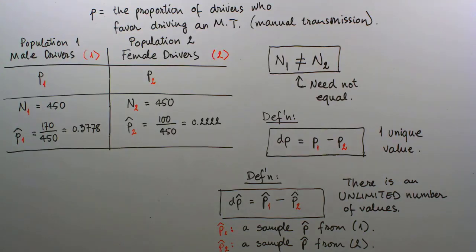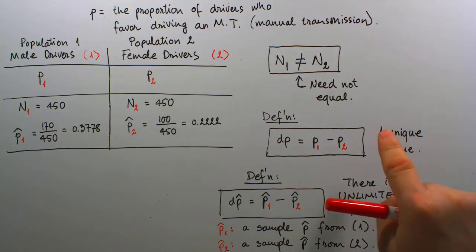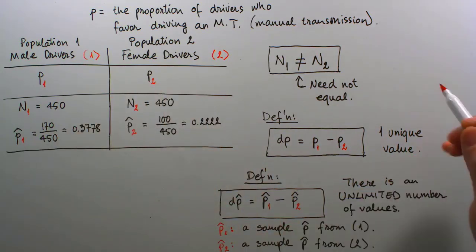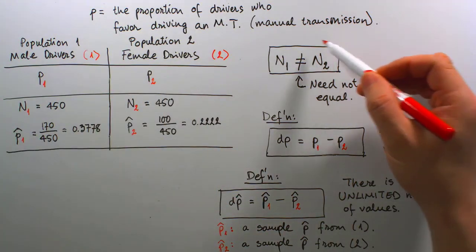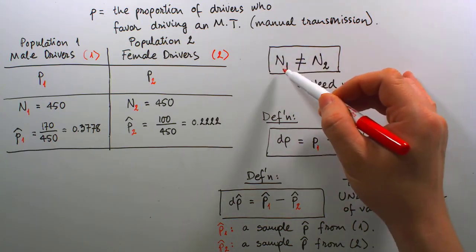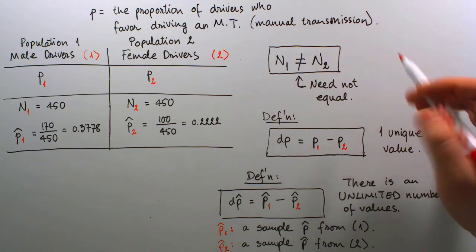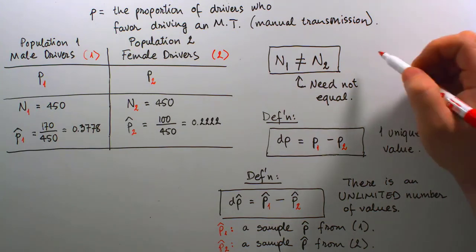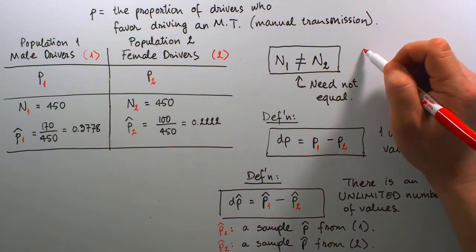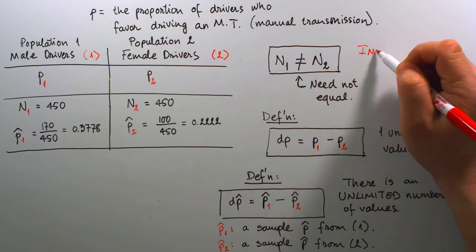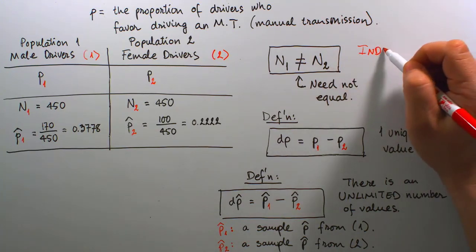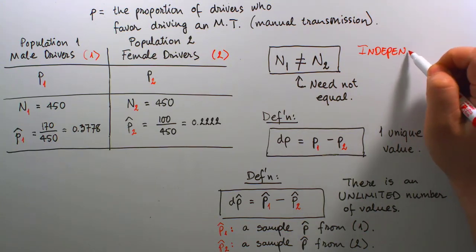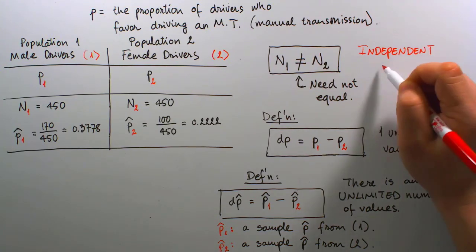And now before we head out to any problem and set it into an actual example, I would like to mention that the reason it is okay for sample sizes n1 and n2 to be different is that the kind of problem we are doing here is regarded as independent, or the samples we are using here are considered independent samples.